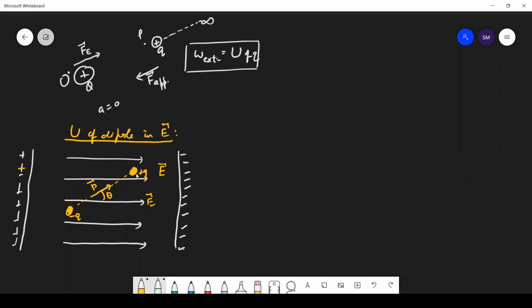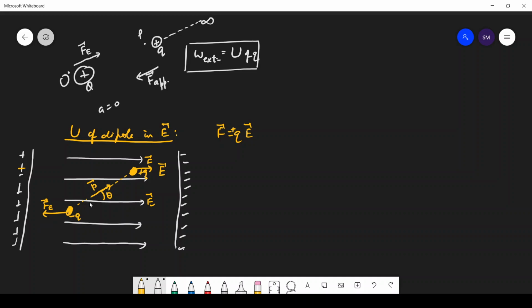So obviously, what will the force be? F is equal to qE, right? So the force on the positive charge will be in the direction of electric field. So this will be the direction of electric force on plus q. And this will be the direction of electric force on minus q.